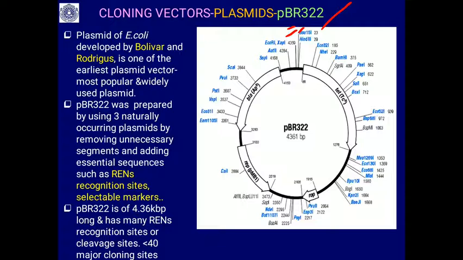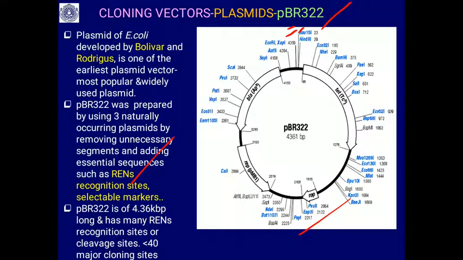This is the widely used plasmid. It was prepared from three naturally occurring plasmids by removing unnecessary segments and adding essential sequences or restriction endonuclease recognition sites. It has a selectable marker.